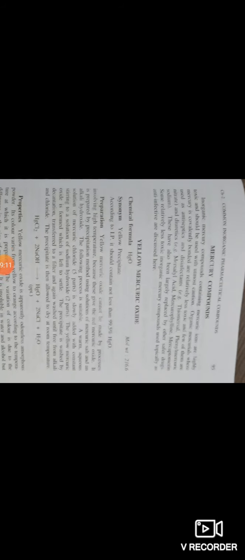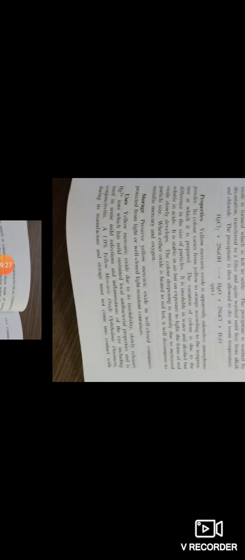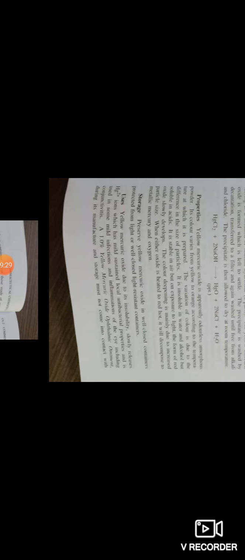It is an odorless yellowish powder that is insoluble in water and alcohol but soluble in acids, and can be stored in well closed containers. Due to insolubility, it has mild, sustained local antibacterial properties. Used in infection or inflammation of the eyes, including conjunctivitis, also used in ophthalmic ointment.